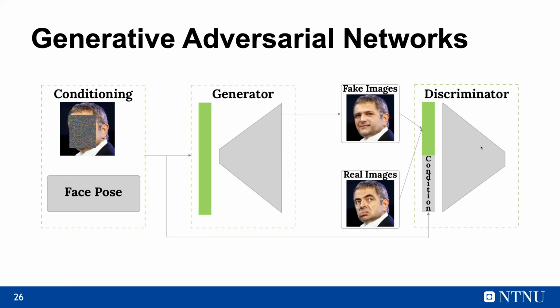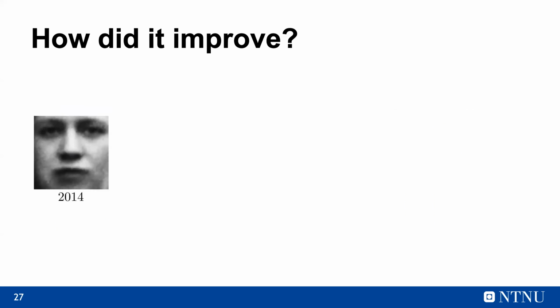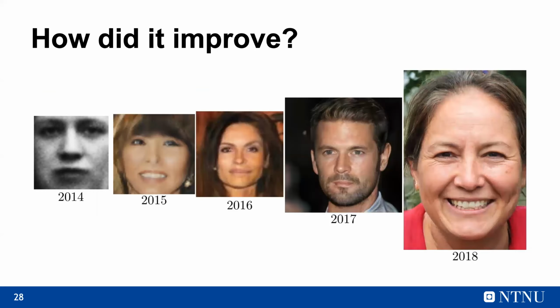This was proposed back in 2014. And in 2014, this was an architecture that didn't really produce very good samples. You can see here on the left-hand side one of the first faces generated by GANs, and it was a 32 by 32 grayscale image of a crop of a face. And as many of you know, this has really improved over the last couple of years.